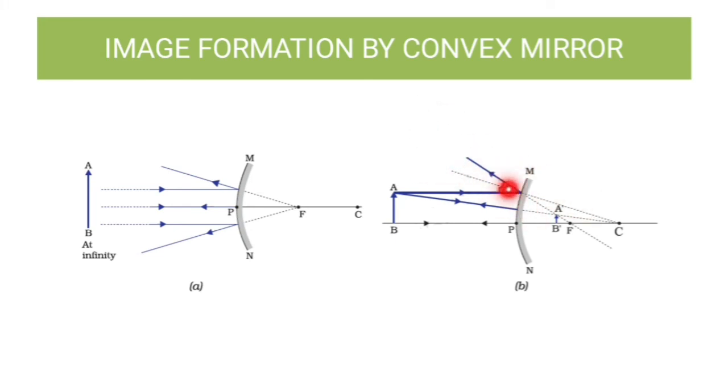But if you extend them, they will meet between the focus and the pole, and this time the image will be diminished. The image will still be virtual and erect, but the size will be more than in the earlier case.